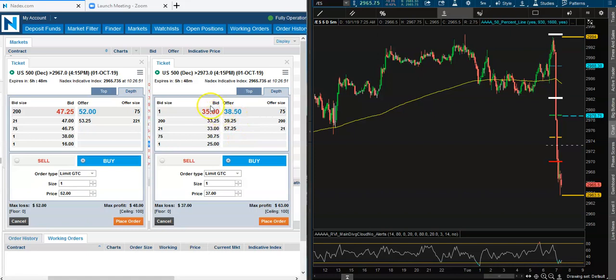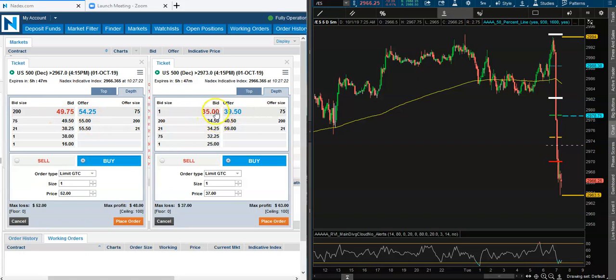How much do you think this should go for? The bid offer? Correct. Probably 55. Well, look at this right here. We're at $29.66.50, right? Yes. And right now we're about 49 to 54 with the spread.